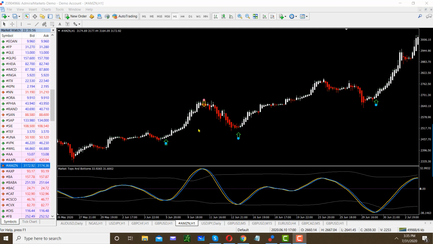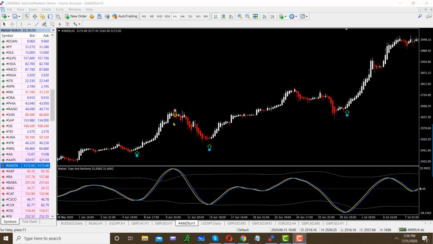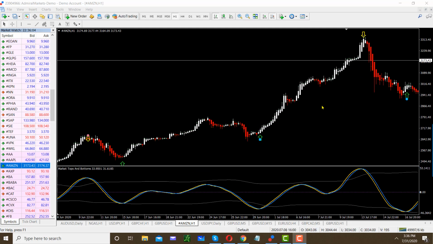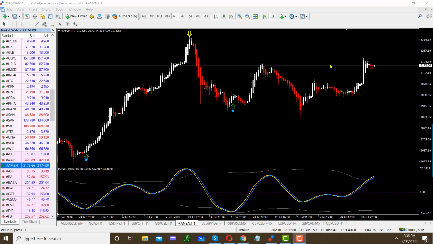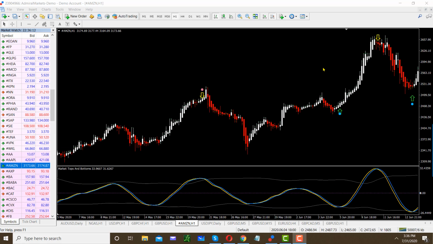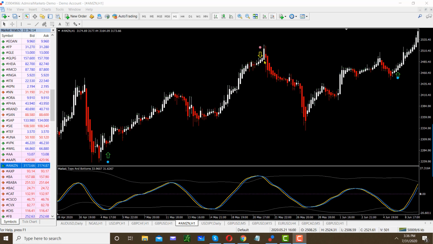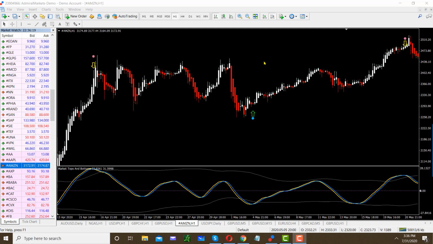And you can see, okay, these were kind of trend trades here, right? Trend, trend, trend, counter trend, right? Counter trend, trend. Counter trend. But it's great to have the options to be able to take it both ways.